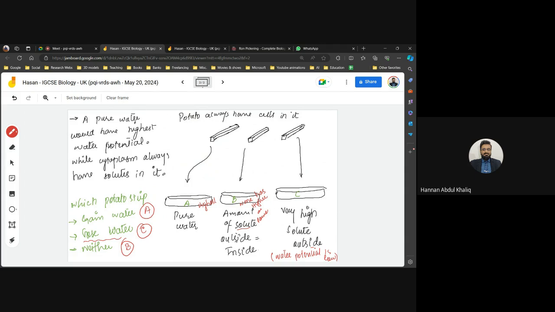Similarly, there is no medium that would have higher water potential than pure water. And third, if the solutes are equal, then the water potential would also be equal, so no gain or loss of water. Got the idea?